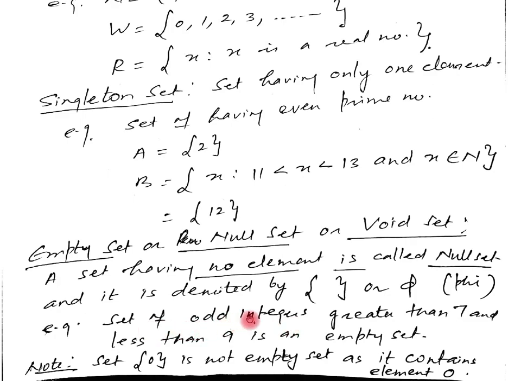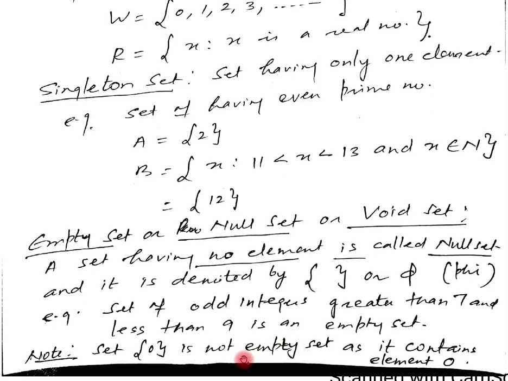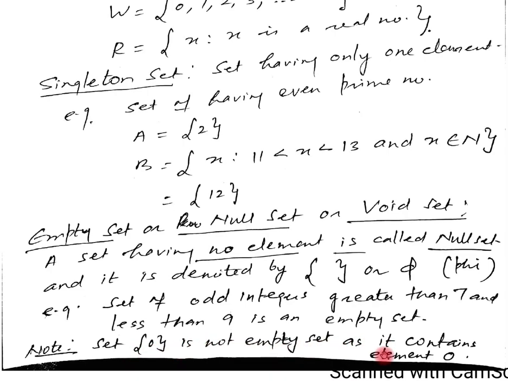Therefore, we do not have any odd integer there, so it is an example of an empty set. Just see the note here: the set I am writing here is not an empty set. Be careful about it. We have shown the element 0, so we cannot say it is an empty set as it contains the element 0. So this is about the different types of sets.